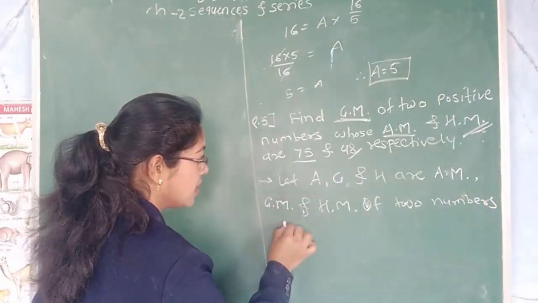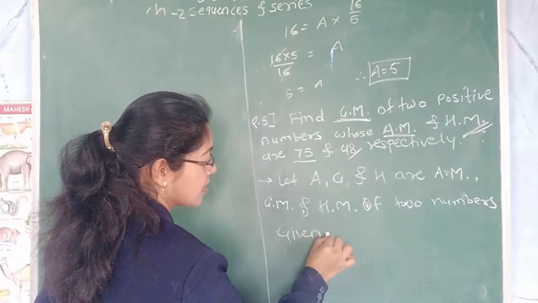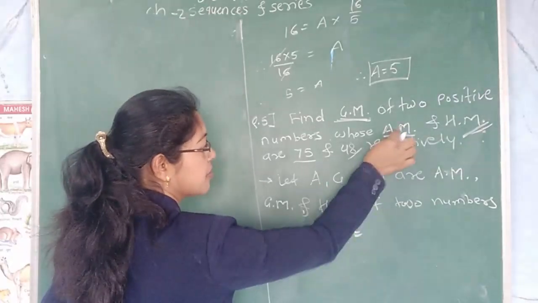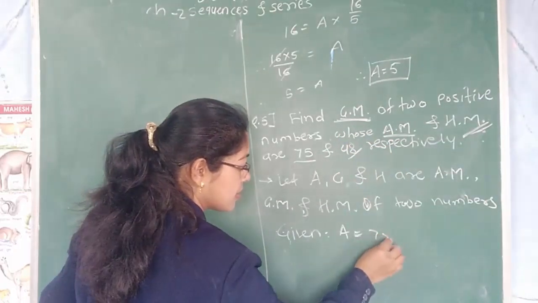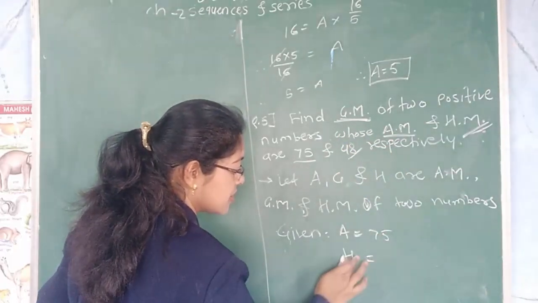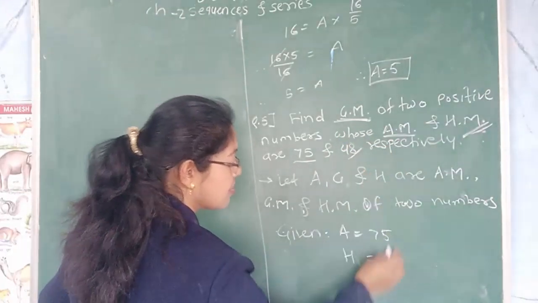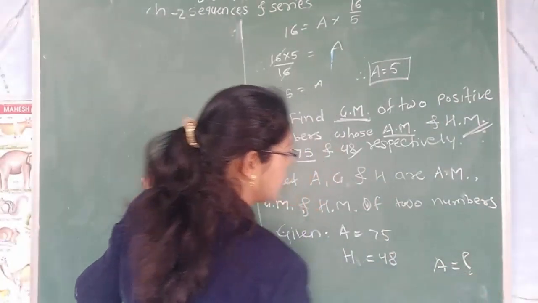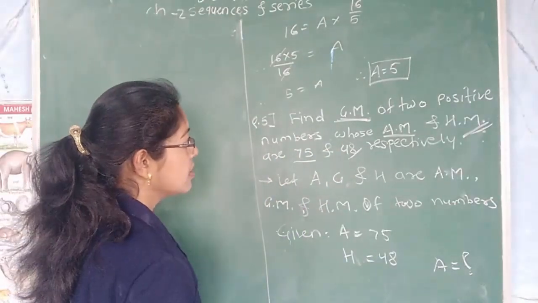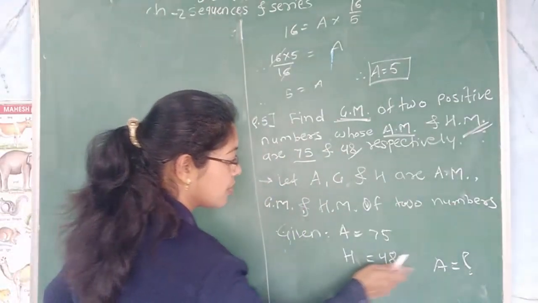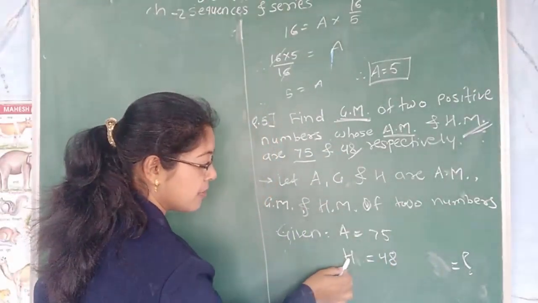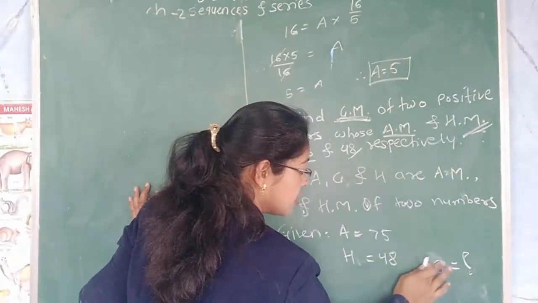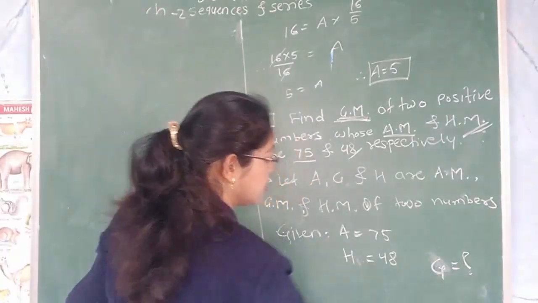Given: the arithmetic mean A is 75 and the harmonic mean H is 48. We have to find the value of the geometric mean. So we have to find G.